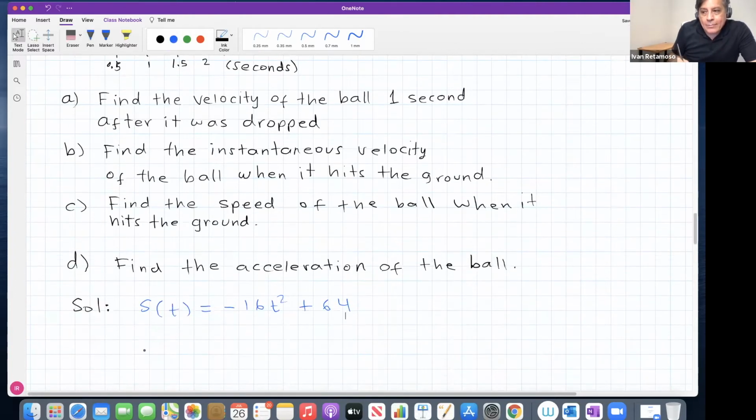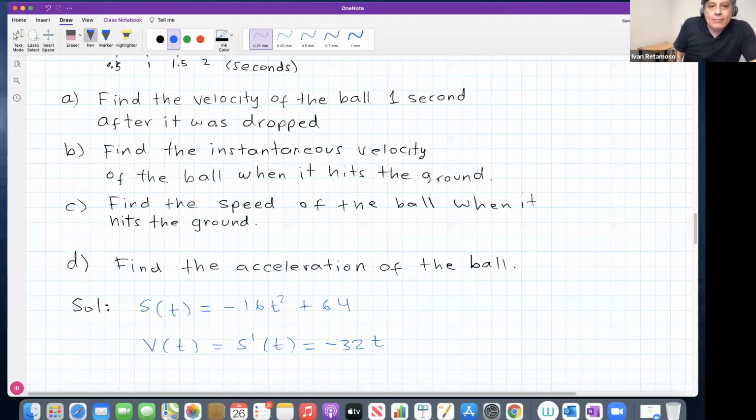The derivative is: this negative 16 is a constant, comes outside, 2 comes down up front, 2 times negative 16 is negative 32, t raised to 1 less than 2, which is 1, I don't have to write it, plus the derivative of the constant 64, which is 0. So the derivative is minus 32 t.